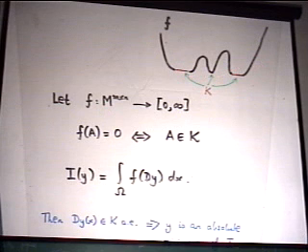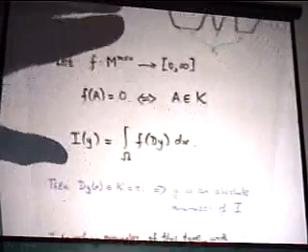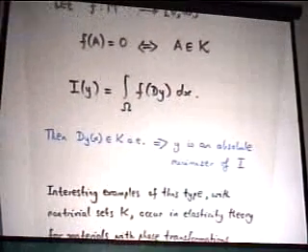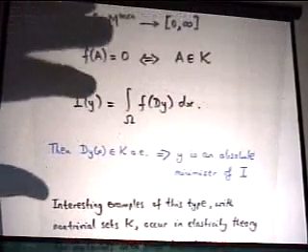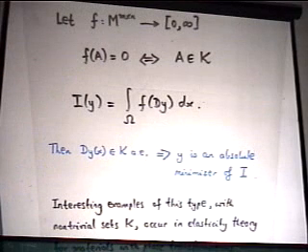F is non-negative, and it's 0 on the set k. And let's consider the I of y, which is the integral of f of the gradient of y. Now, of course, if dy of x happens to belong to k almost everywhere, which is the problem we've been considering, then, of course, y is an absolute minimizer of I in a trivial way because it minimizes the integrand. Okay? Can't do better than that.